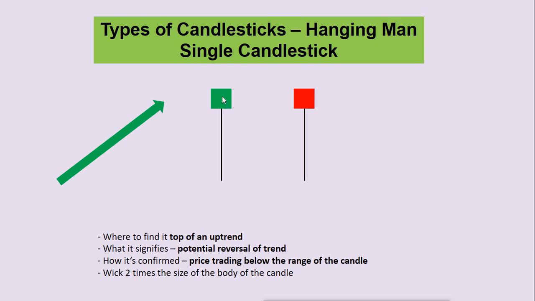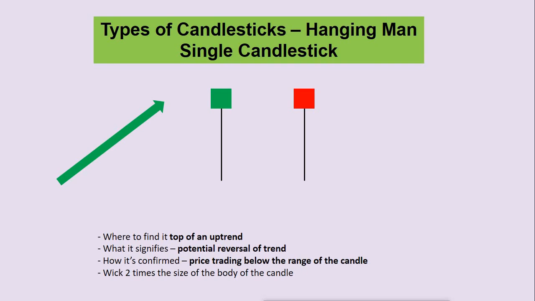This shows that there is a lot of domination by sellers at that level. And you can also see that previously the buyers or bulls were able to buy without much opposition from sellers. So this can tell you that the uptrend is coming to a halt and you do not know where it's going to go next.